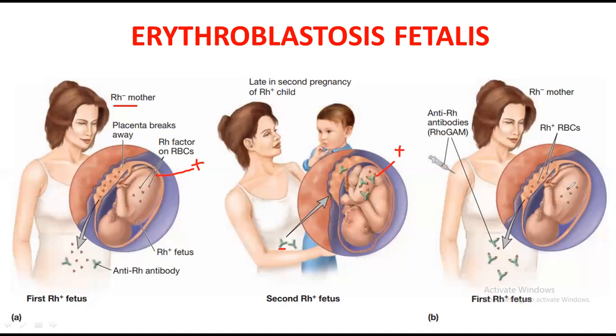So when she is giving birth, or the baby is present inside the mother and he is Rh positive, the antibodies cannot bind to that antigen because they are occupied by the anti-Rh antibodies, and it is also known as RhoGAM. So the baby can survive.